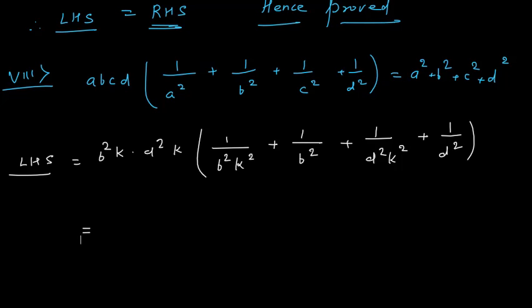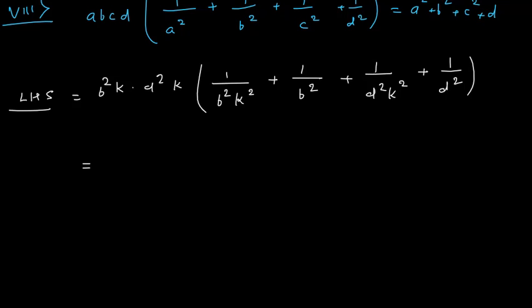Now the numerator is b square d square into k square, and in the denominator we have a k square term here, but here we don't have. So again a problem. 1 upon b square you can take common out of these two terms.